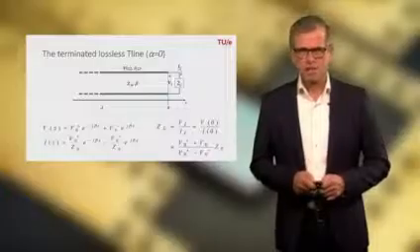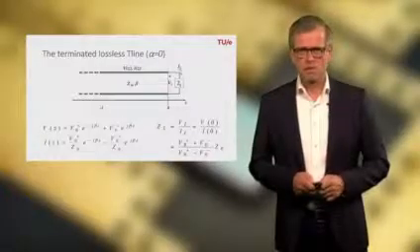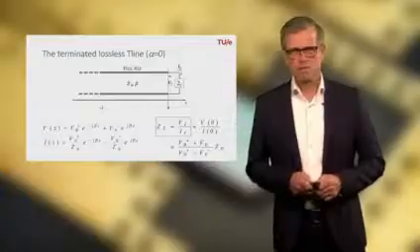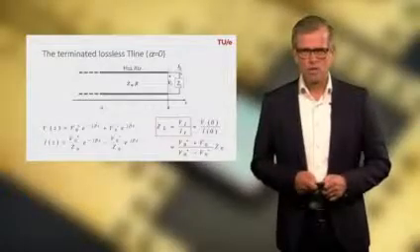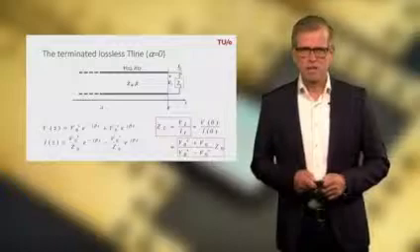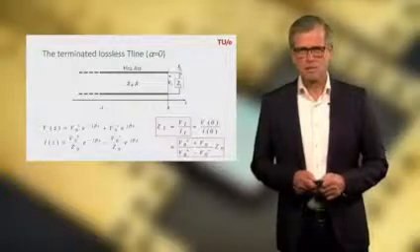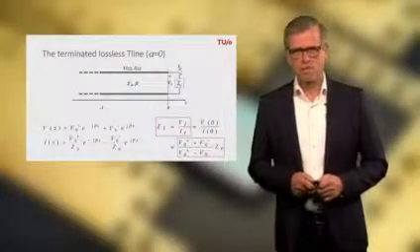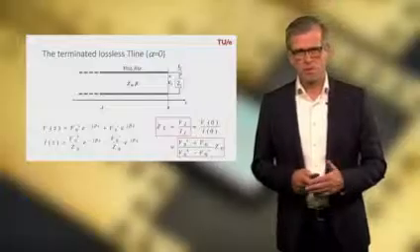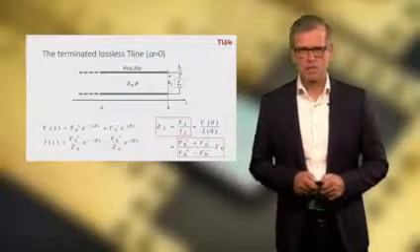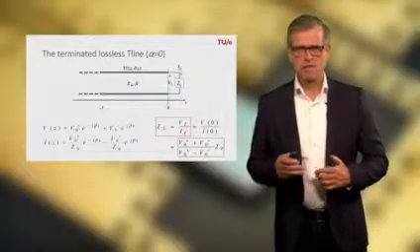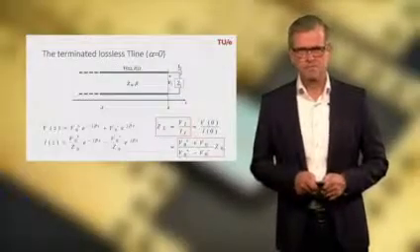It defines the relation between the voltage and the current at the output of the transmission line. In that way, we can describe a relation between the voltage amplitude of the wave propagating in the plus z direction and the voltage amplitude of the wave propagating in the minus z direction, so the incident and the reflected waves.